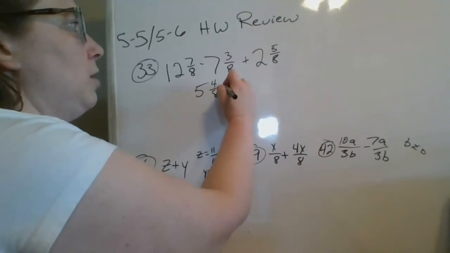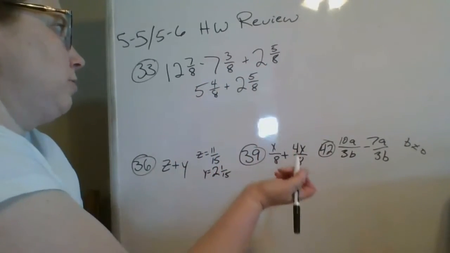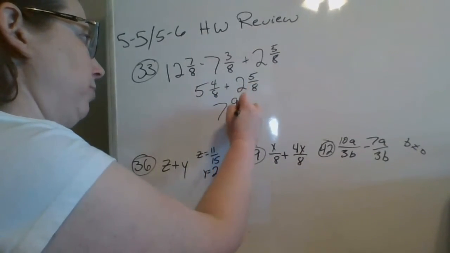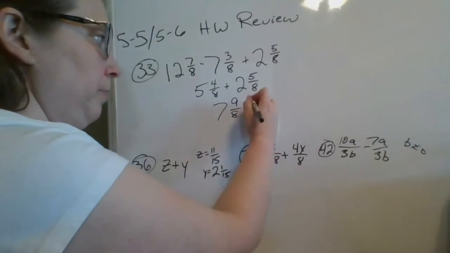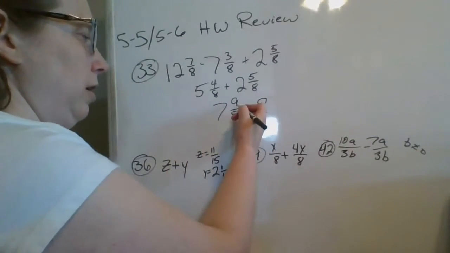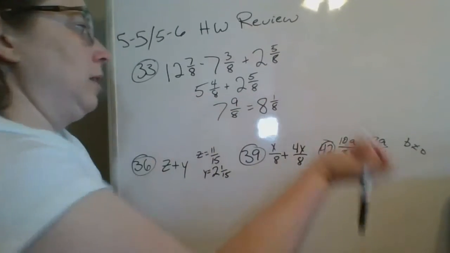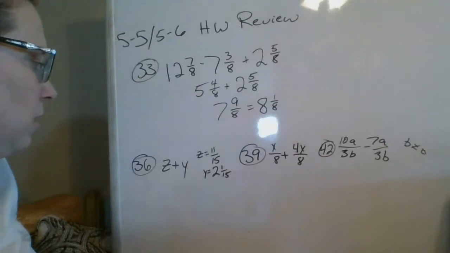I have this, and then I'm going to go ahead and add the next fraction. So I would add my whole numbers, add my fractions, and then this is improper. So I'm going to need to bump the 7 up by 1, because there's one whole here, and then I would have 1/8 left. So my final answer there would be 8 1/8.